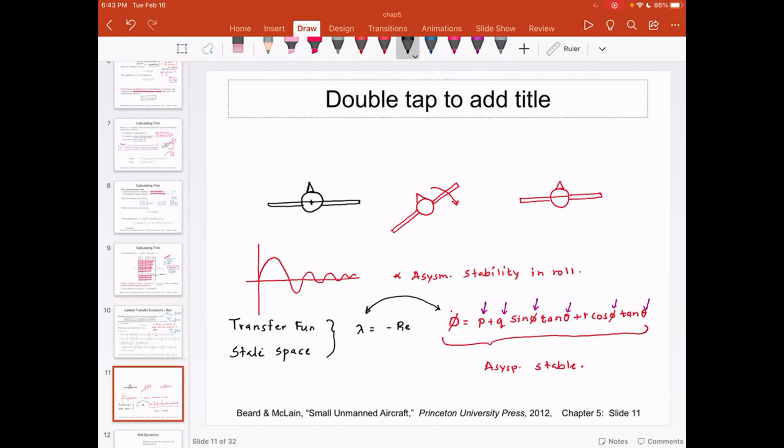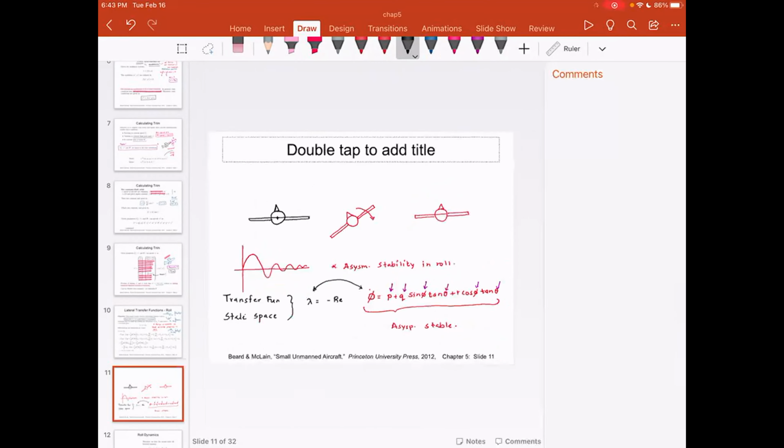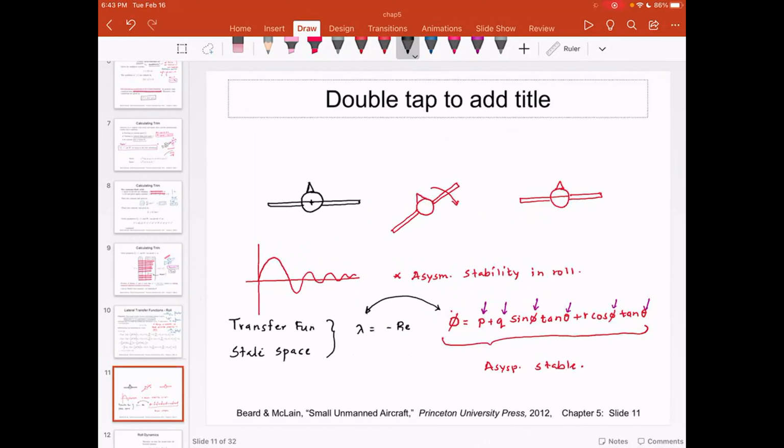Now, one thing I want to talk about here is what controller I have available for controlling roll motion. Let's talk about the control surfaces for a minute. If you have an aircraft, the roll is typically controlled by the ailerons.